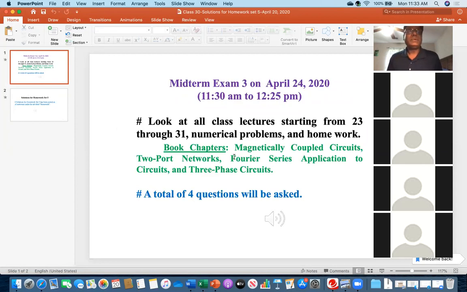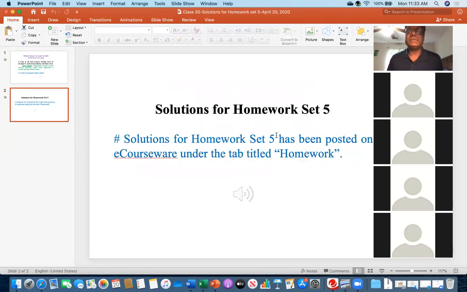Okay, so moving forward, here is the solution for homework set 5. As I mentioned, I already posted that solution on eCourseware under the tab homework. If you see, I think the last item is the solution for homework set 5.